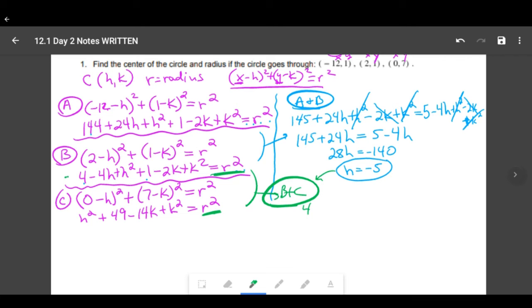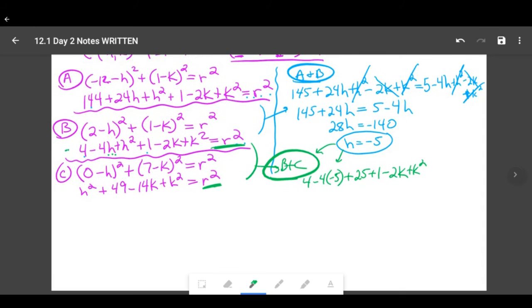Now here I have minus 4 times negative 5, because I'm substituting the negative 5 in for the h, plus, well, I have negative 5 squared, so that becomes 25, plus 1. I don't know what k is, so I got to leave that. Negative 2k plus k squared.